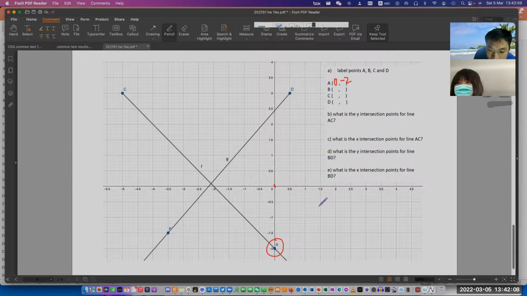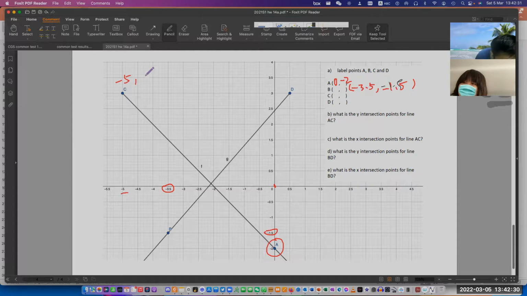They give you the points and ask you to write them down. Point B is minus 3.5, comma, negative 1.5. The format is brackets. So point C is -5 and 3. Point D is 0.5 and 3. Okay, good. So part 1, very easy.